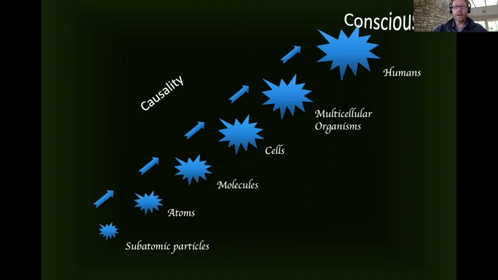In fact, cells are alive. And so there's this kind of jump in complexity. In complexity theory, the single-celled organism is what's called an emergent phenomenon. It emerges from the interaction of organic molecules, organic meaning that they contain carbon.